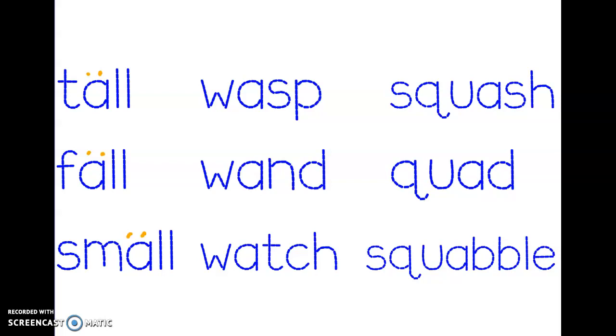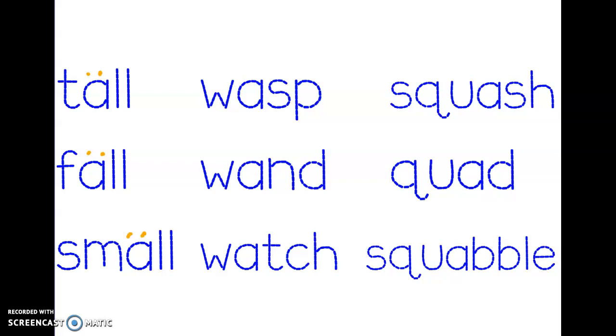Now echo these words and listen for the sound in the medial position. Wasp, wand, watch. What vowel sound do you hear? Ah. Look at these words. What letter do you think is making the ah sound in these words?